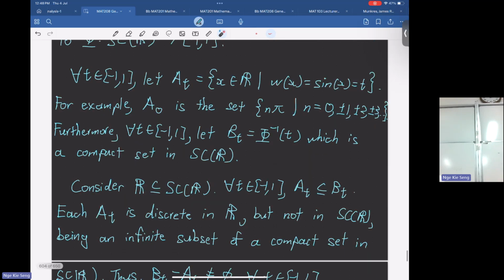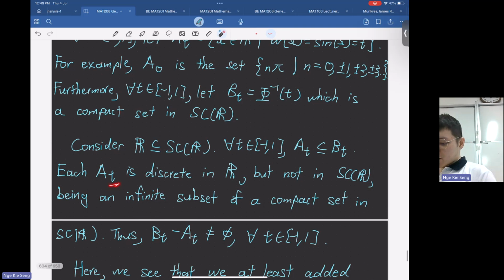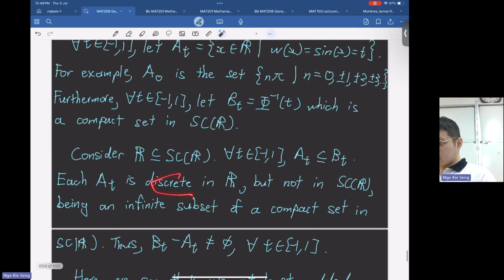So obviously AT is in BT, because BT has more points. And AT is discrete because these are n pi's. They are discrete, for example, A0. For all the other points, the same, because it is periodic.